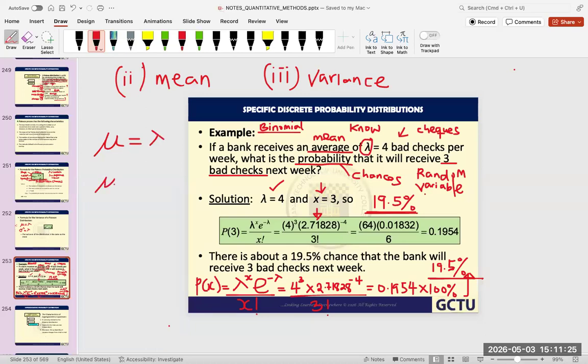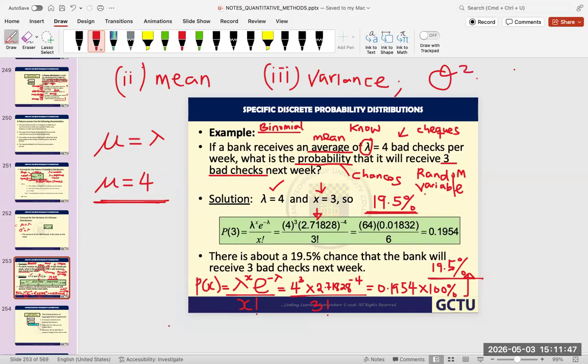Lambda has already been given in the question before, so therefore the mean or the center is 4. You don't calculate anything, you just replace the lambda with the 4 in the question. And then the variance, the same thing.